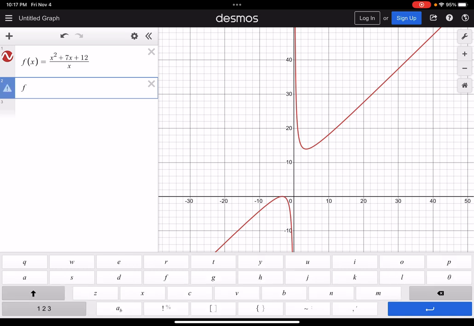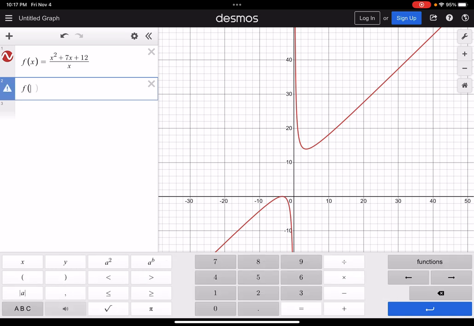So f of x is equal to x plus 7. What you'll see is that line x plus 7 is the asymptote. It very specifically is the oblique asymptote or the slanted asymptote.